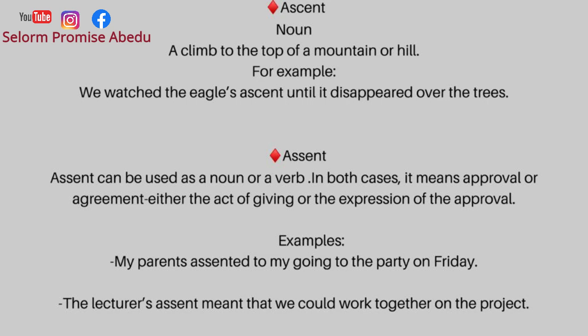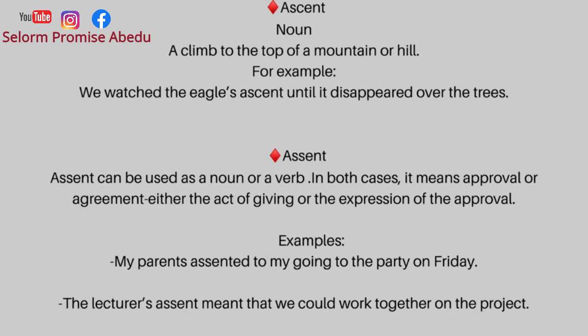Ascent, with an S and a C, is a noun which means a climb to the top of a mountain or a hill. For example, we watched the eagle's ascent until it disappeared over the trees. Assent, with an S and another S, can be used as a noun or a verb.